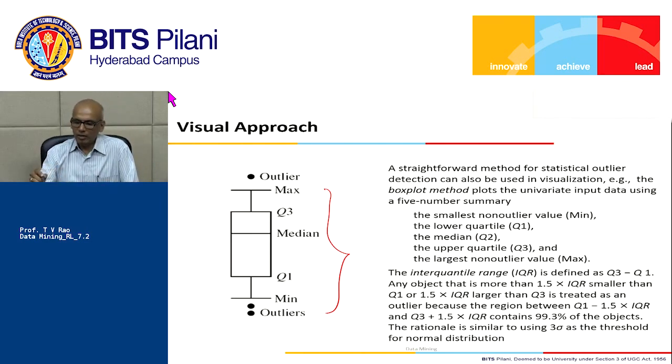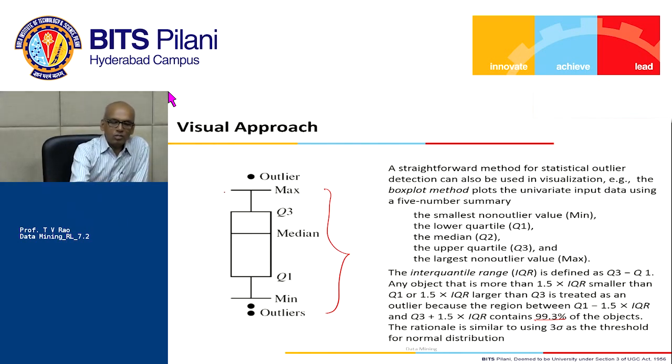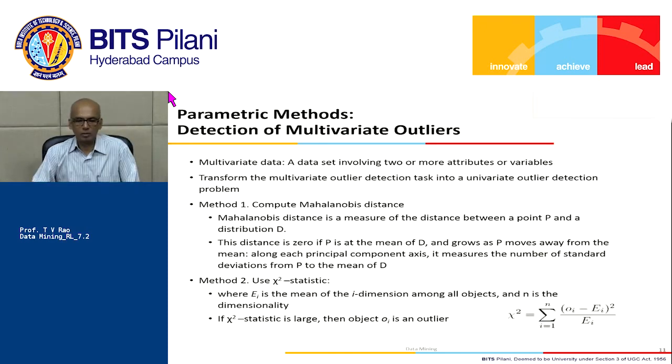So essentially, in case of a normal distribution, we are likely to find 99.3% of the objects fitting into that. This is pretty similar to the 3 sigma criteria. And we can say that anything which is outside the range of max and min is an outlier.